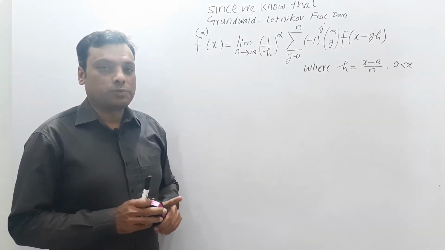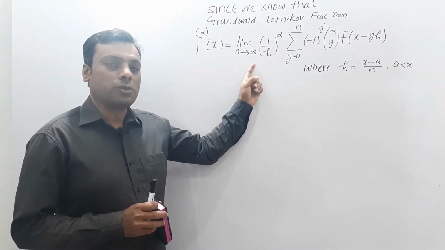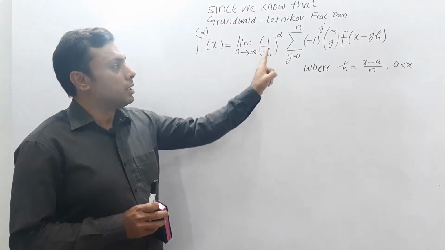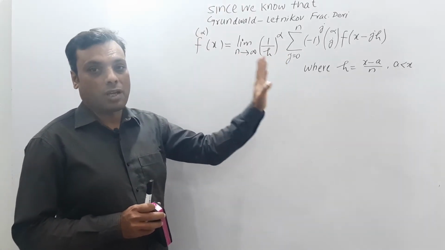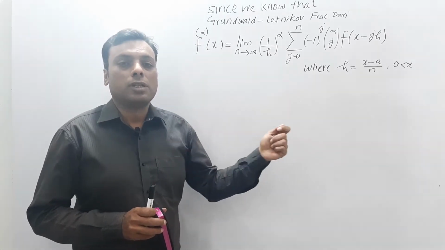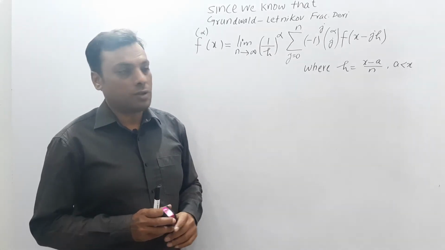We need to convert this definition into some useful format. Today we will go through this definition for different values of alpha and derive some pattern which is easy to use and applicable to find the fractional integral of some elementary functions.